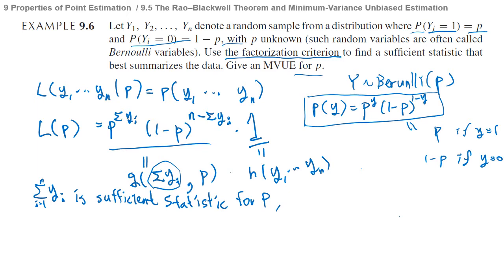We want to find the MVUE for p, so we need an unbiased estimator for p. We know that y bar, which is the sum of yi divided by n, is an unbiased estimator because the expected value of y bar is p.